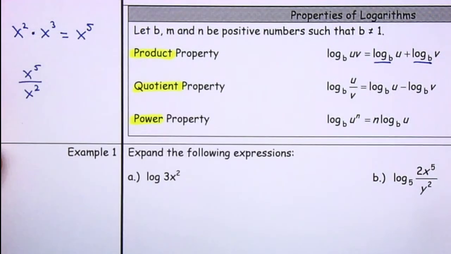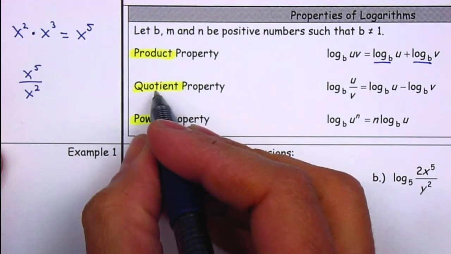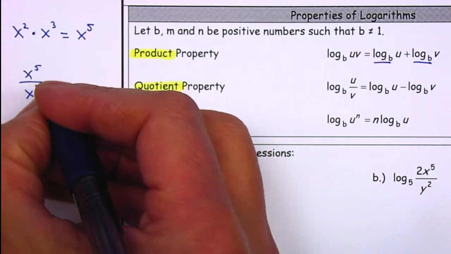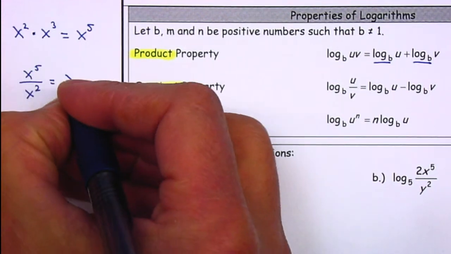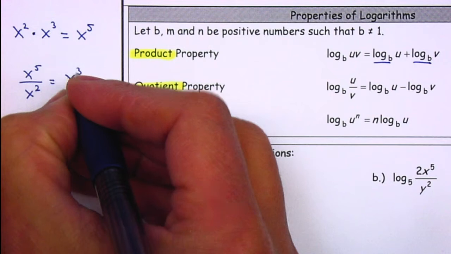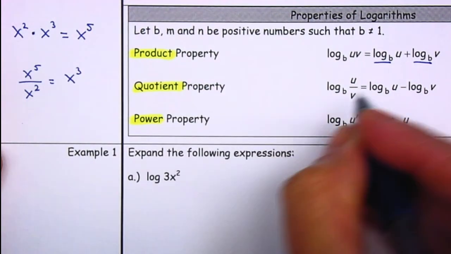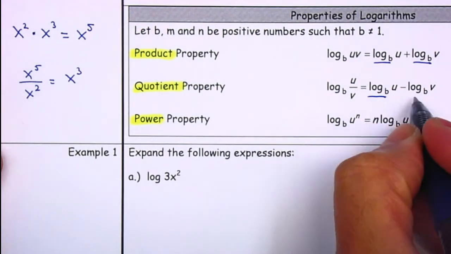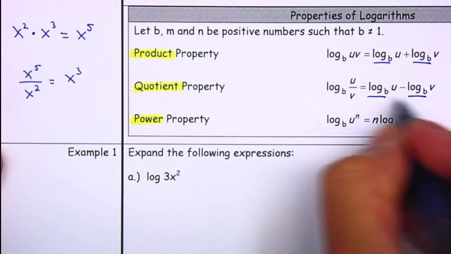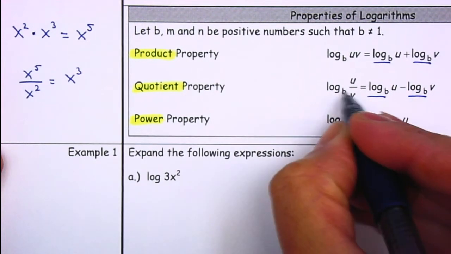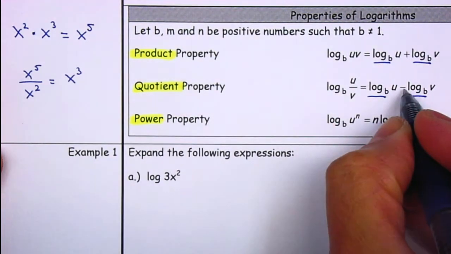In the same way, if you have a division, we can subtract the exponents, so this will be 5 minus 2 is equal to 3. So we can rewrite or expand with two logs, base b, the same base, and there'll be a minus in between.